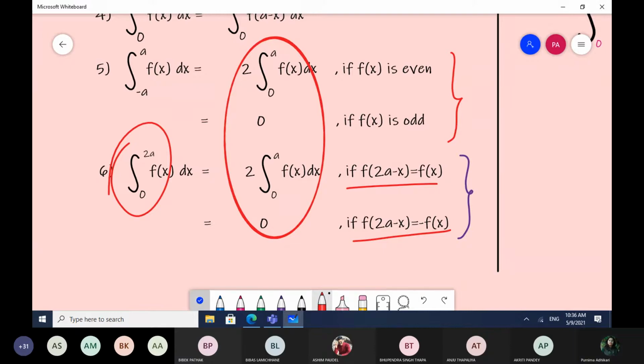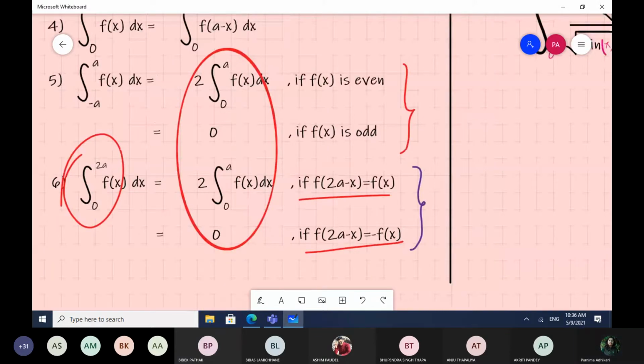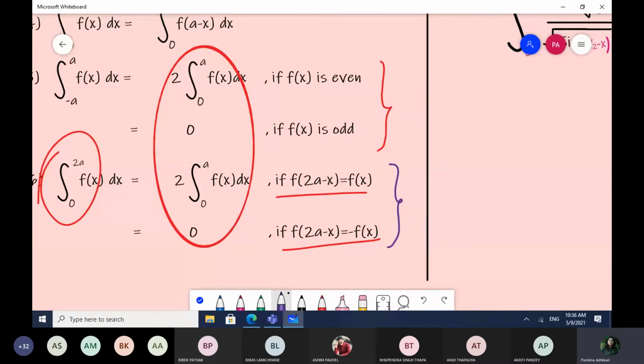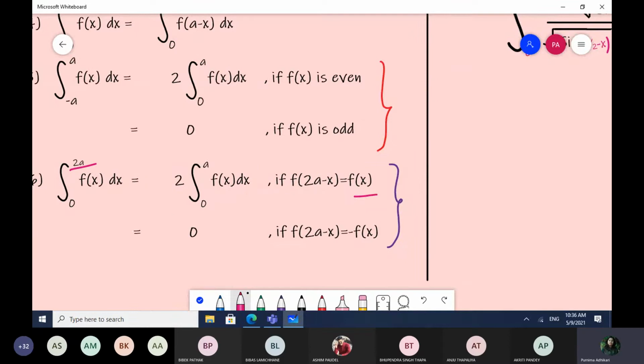What does it mean? What is 2a? 2a is your upper limit. So in your function, when you replace x by upper limit minus x, that is 2a minus x, and you see that nothing changes in your function, then that type of function is going to give you this result: 2 times the integral from 0 to a of f of x dx.